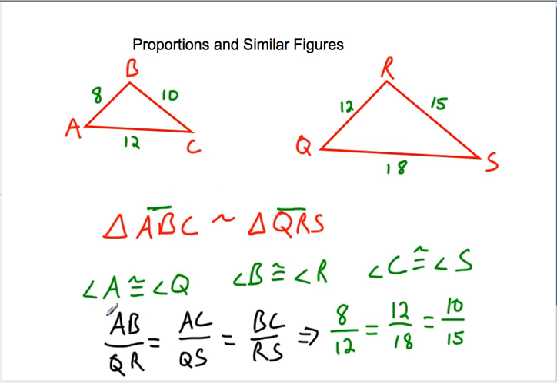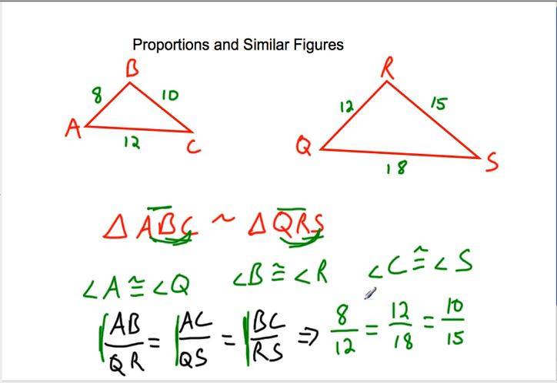AB, QR. And B and C are next to each other here, so they correspond to RS. BC, RS. And A and C are the outside ones here, so Q and S go together. So AC corresponds to QS.